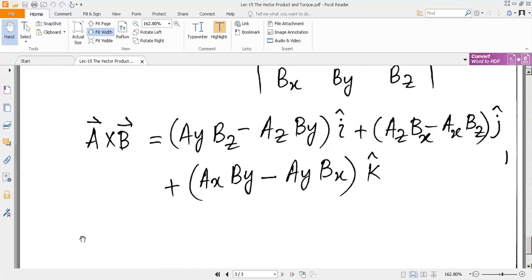Or we can say that A cross B is equal to this magnitude of the x component of the cross product, comma, this magnitude of the y component of the cross product, comma, and this magnitude of the z component of the cross product, and we close the parenthesis.